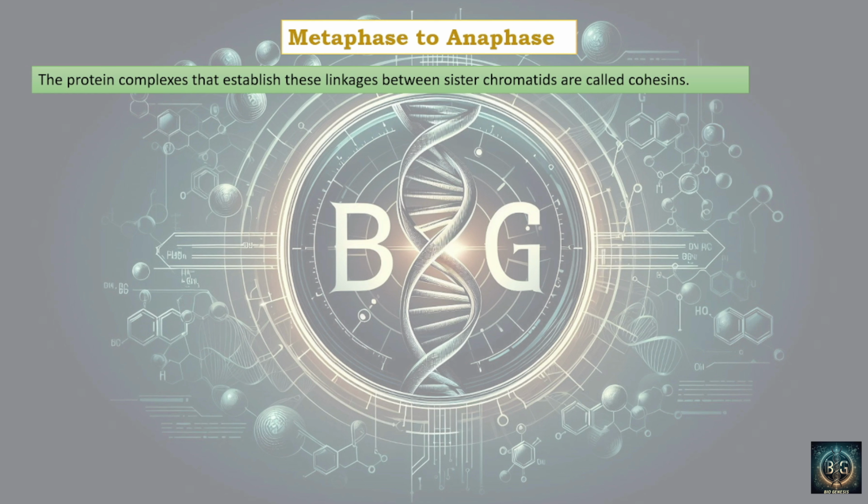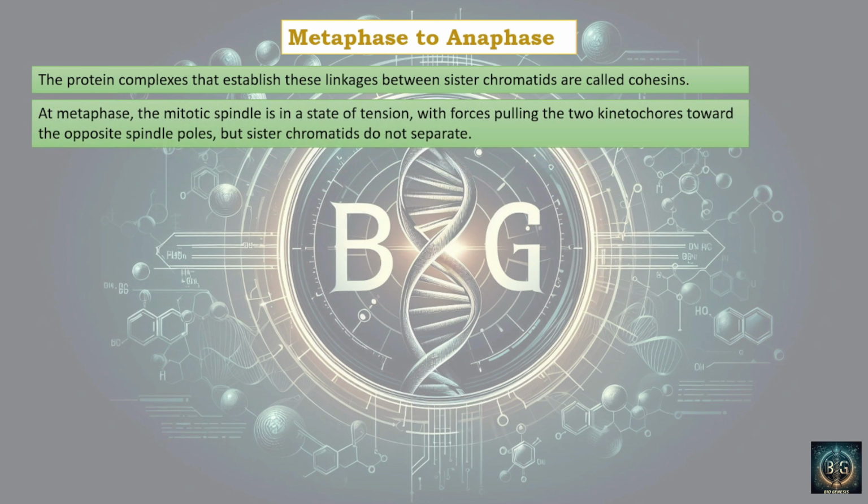When chromosomes are in the equatorial plane in metaphase, gradually the spindle fibers apply forces to pull the two kinetochores toward the opposite spindle poles. But sister chromatids do not separate.